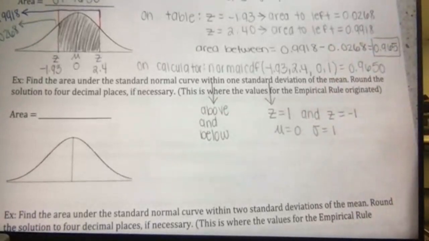We're going to do this exactly like the other ones. In the middle is our mean, which is 0. A z value of negative 1 is on the left-hand side, and a z value of positive 1 is on the right-hand side. It says within, so that means between these 2 values.